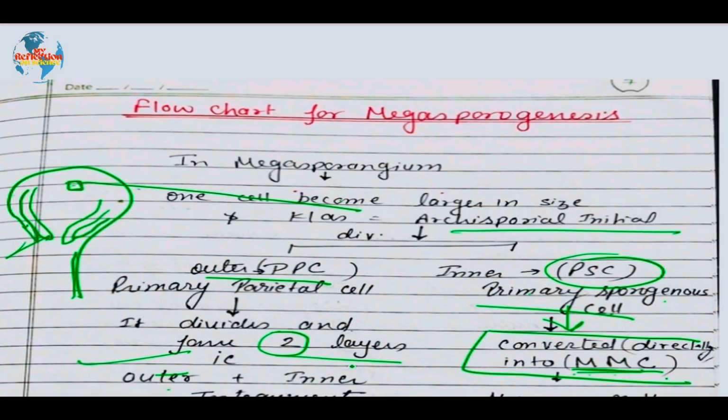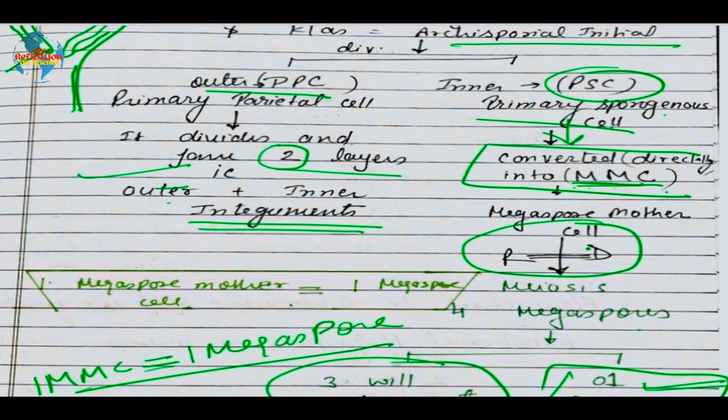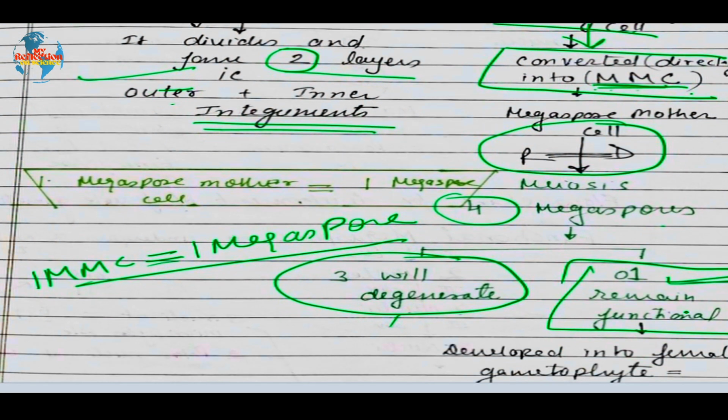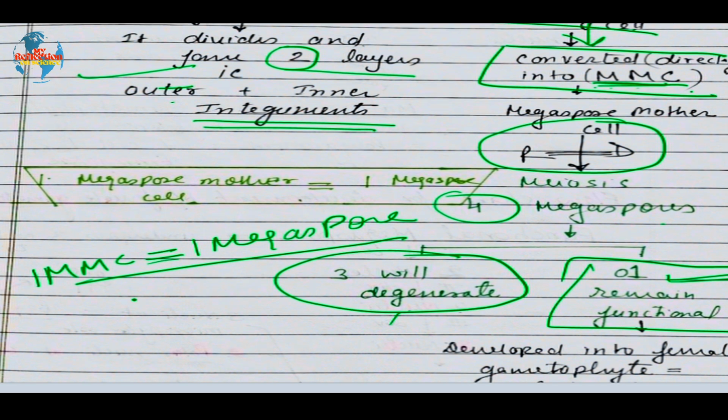Now in this megaspore mother cell, there will be reduction division or meiosis. It results in 4 megaspores. But out of these 4 megaspores, only one remains functional and the rest 3 degenerate. You can see in the diagram that at the end of meiosis we have this kind of structure, where 3 megaspores are degenerating and one remains functional.